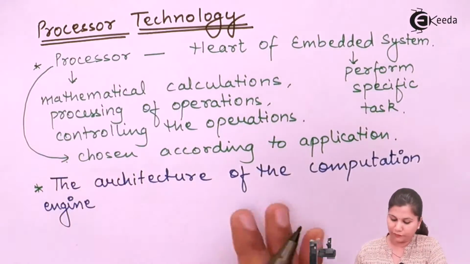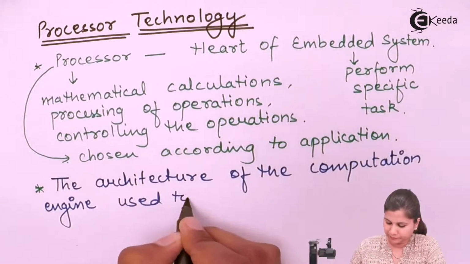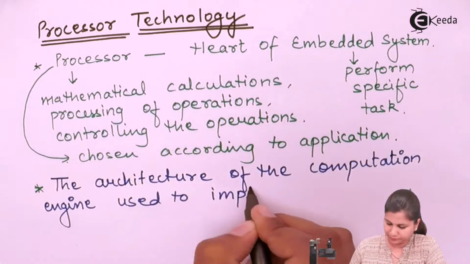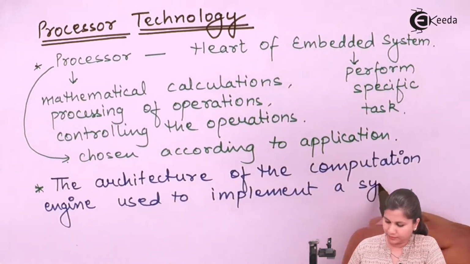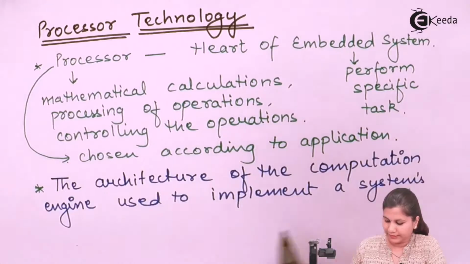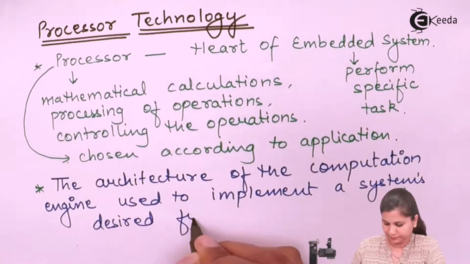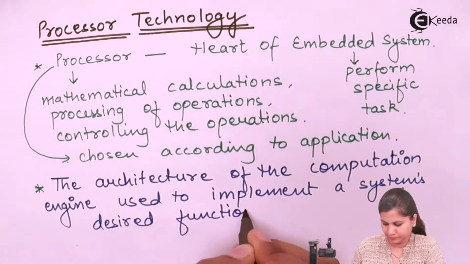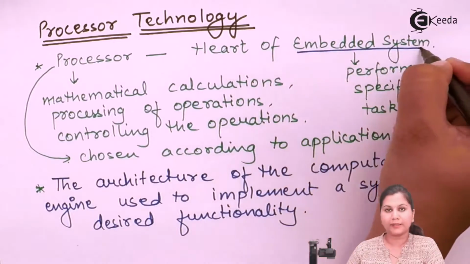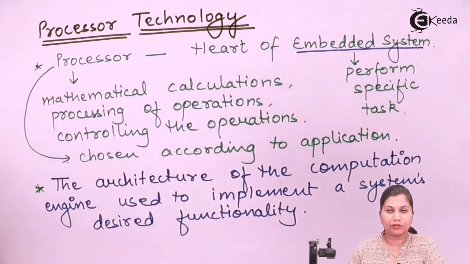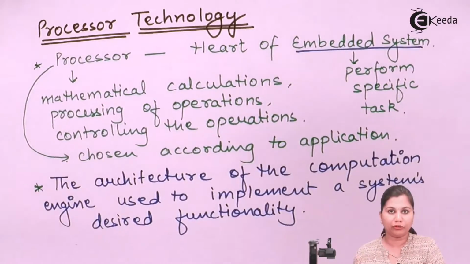So the architecture of the computation engine is used to implement a system's desired functionality. Because we want to develop the embedded system for some particular application, we want this embedded system to perform some particular function.